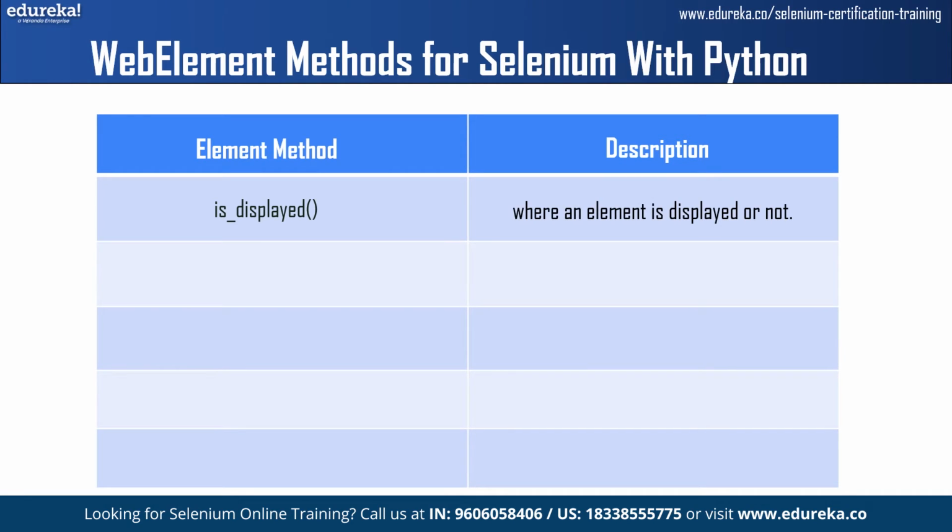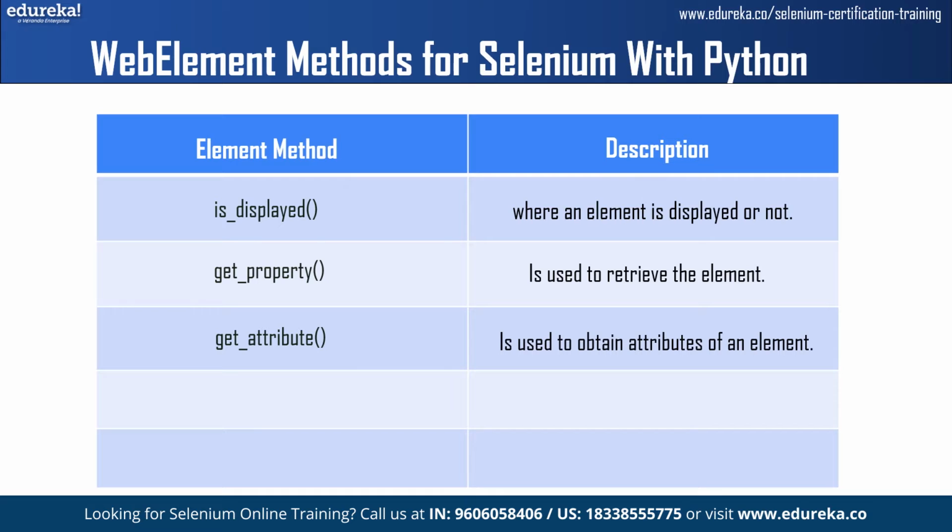This method returns a boolean value indicating whether the element is being displayed or not. The get_property function. This method can be used to retrieve the properties of a specific element such as the text length property. The get_attribute function. This method can be used to obtain the attribute of a specific element. The clear function. To clear the text of any input field, you can use this method.